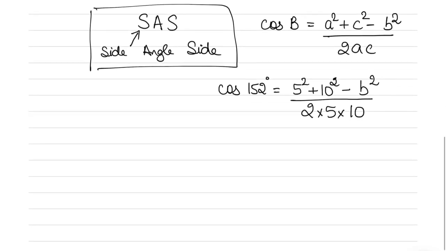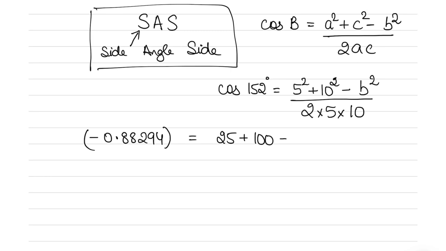Now we have to solve this. So let's find out what is cos 152. Cos of 152 degrees, if I take up to 4 or 5 decimal places, is negative 0.88294. 5 square is 25 plus 10 square is 100 minus B square. I'm doing it in steps so that you understand it. And then 2 times 5 times 10 is 100.